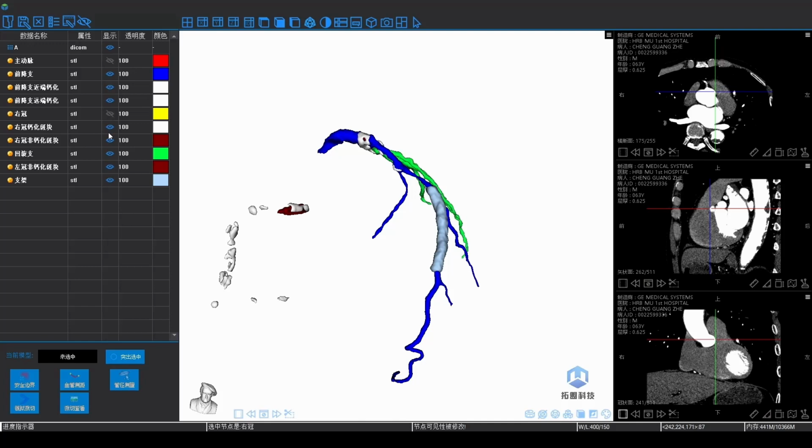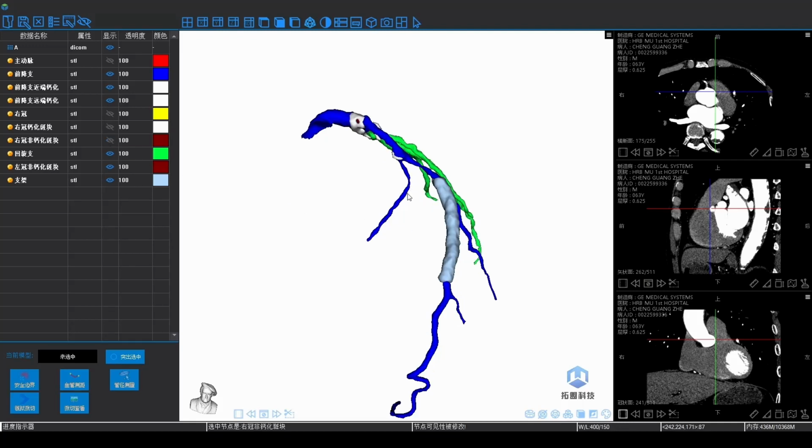the right coronary artery, and their plaques, both the calcified ones and the non-calcified ones. Okay, and now we can focus on the left coronary artery.